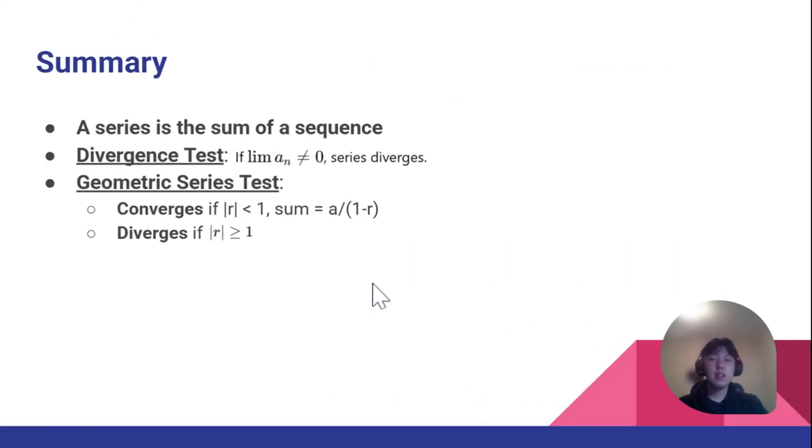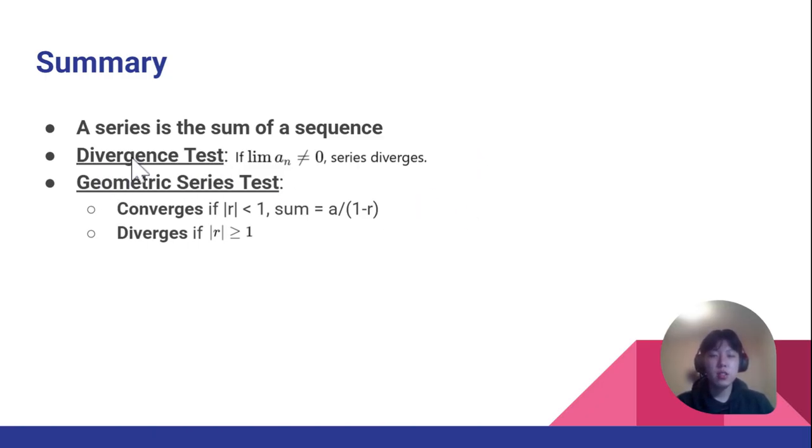All right, to wrap things up, remember that a series is the sum of a sequence. And there are two ways that I went over to determine whether a series converges or diverges. There are other ways, but these are the two, I think, most simple ones, the ones that are covered first in the CPM textbook.